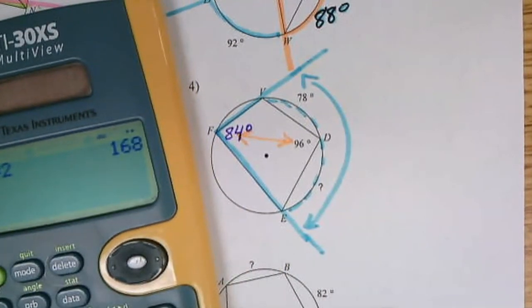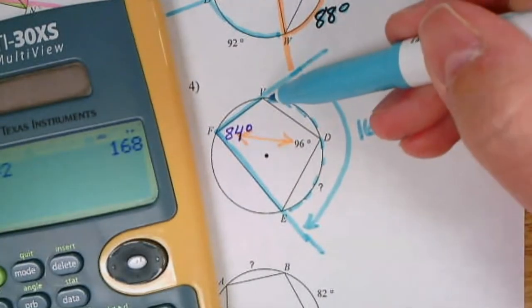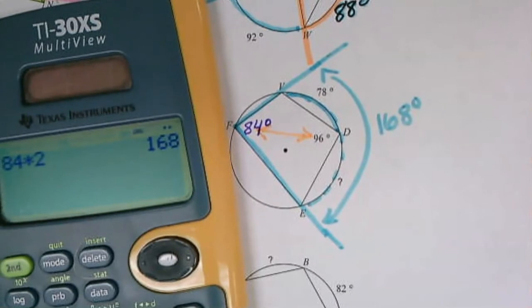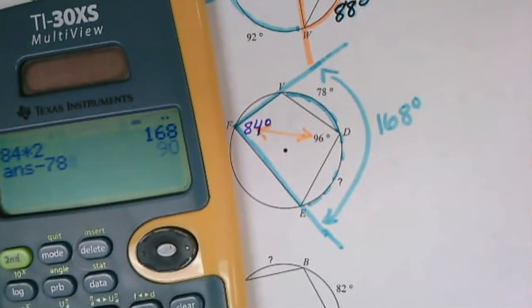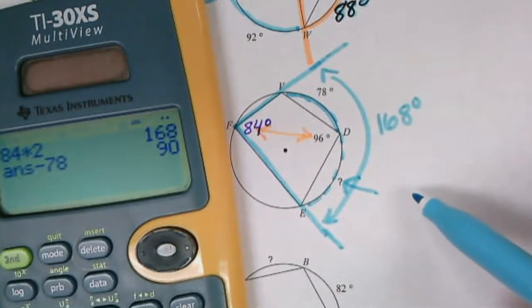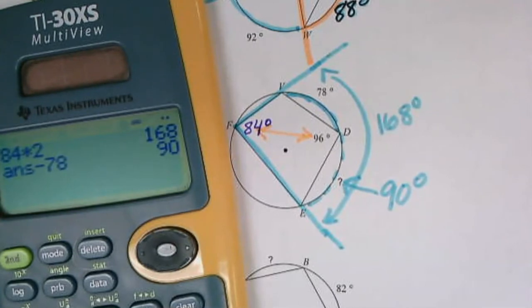That means this big arc all the way is 168. And this part right here is 78. So if I subtract 168 minus 78, I will know what this part, arc DE, is. And arc DE is 90 degrees.